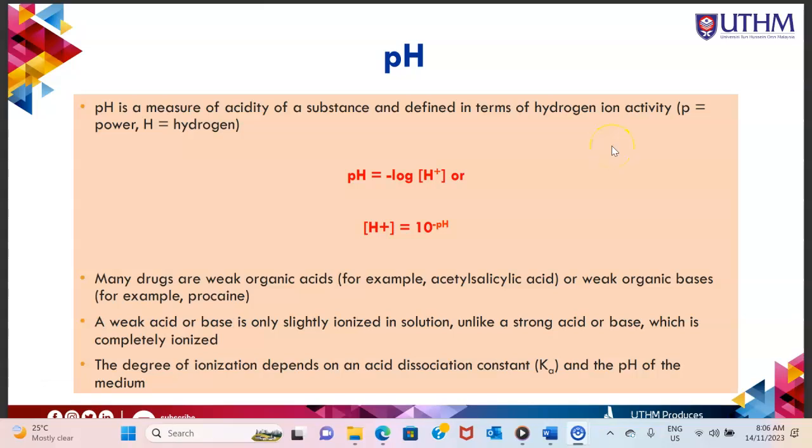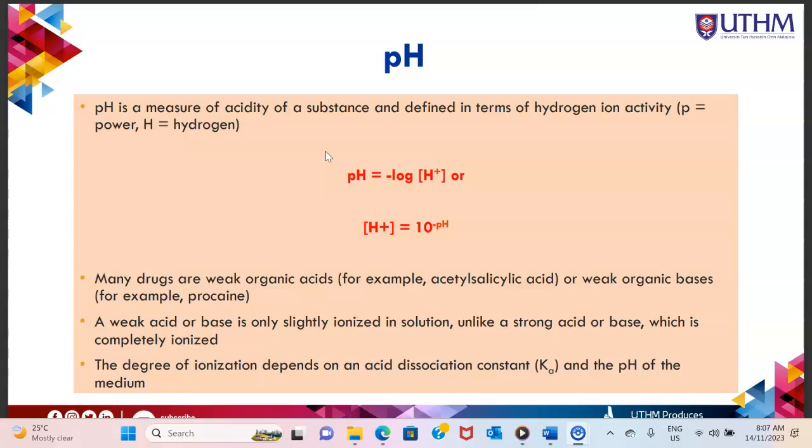So, here we are in the last parameter for the physicochemical characteristic of a drug. So we have pH and pKa. pH is a measure of acidity or alkalinity of a solution, while later on you will see pKa is the negative logarithm of the acid dissociation constant.